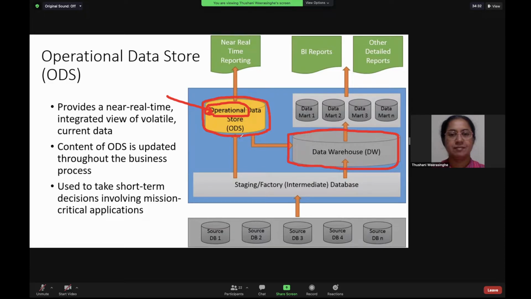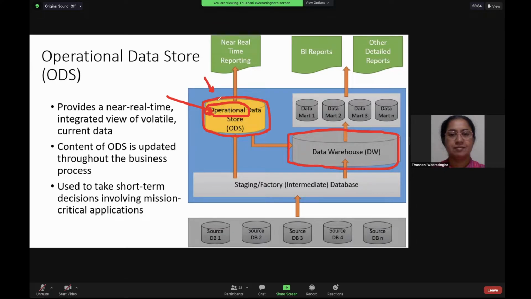That one is storing all sorts of operational data, and then we prepare near real-time reports. What is happening just now, so they can prepare reports. But this data is current data. Current data means somebody does a transaction, so they enter data and they do some editing as well.